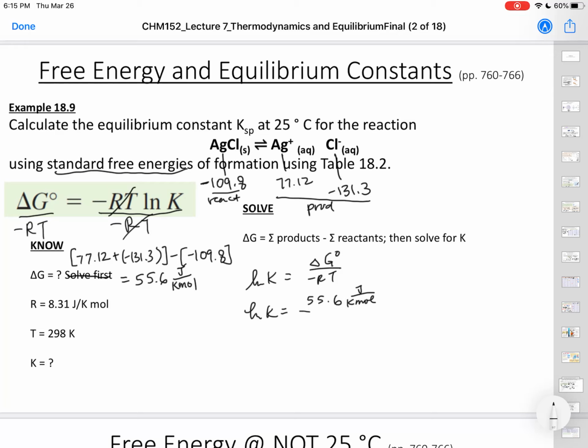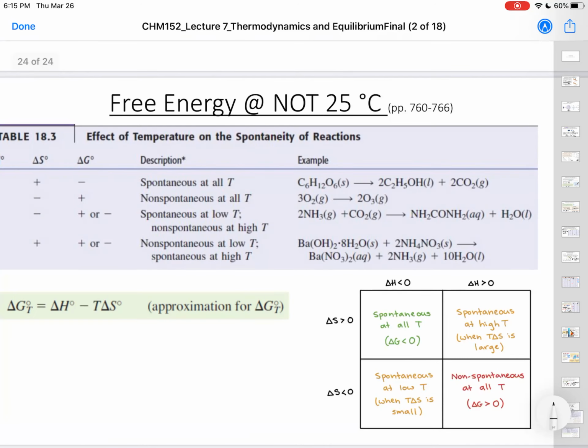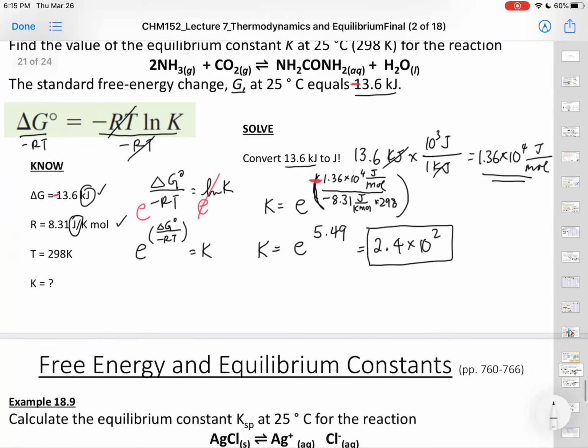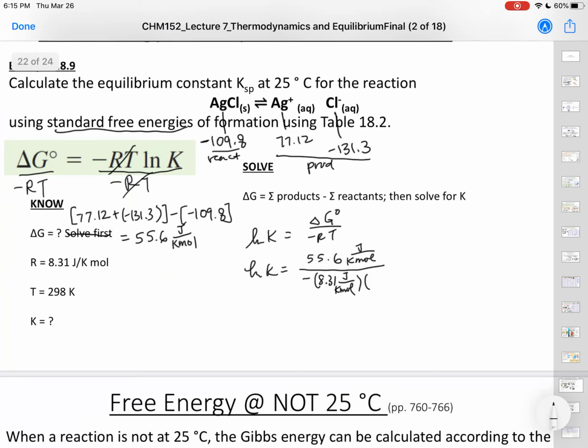Let's plug everything in. ln of K is equal to 55.6 joules per mol divided by minus 8.31 joules per mol Kelvin times the temperature. The temperature is 298 because it is 25 degrees.